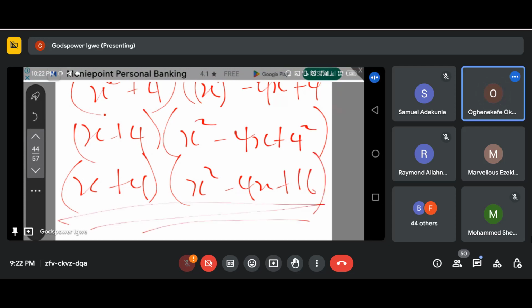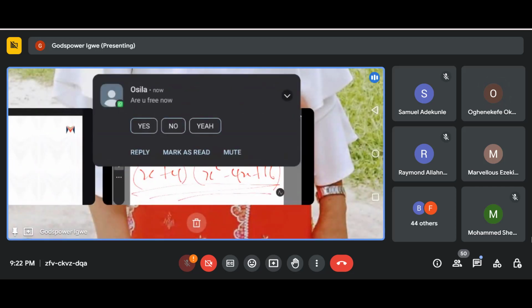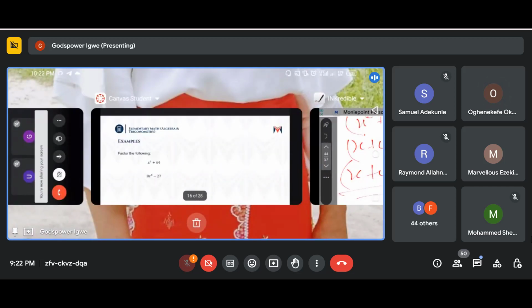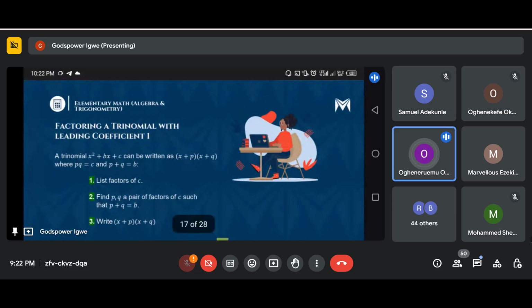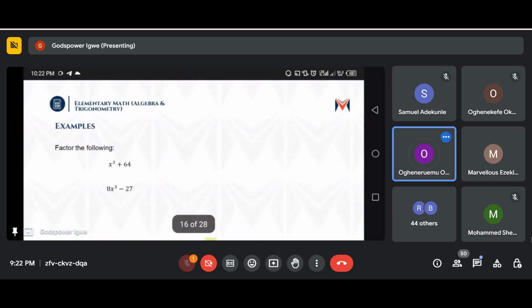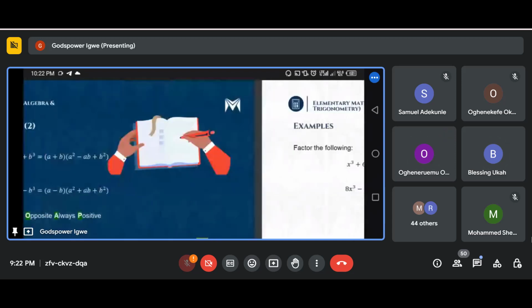I'll do the long process. I don't want to memorize anything, it will give me problems. This other one, it's x cubed plus 27. Please, can it be done again because I didn't really get that long process.